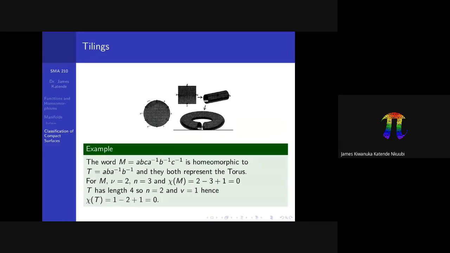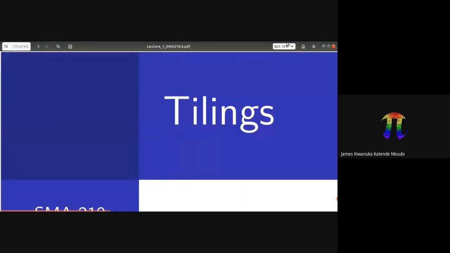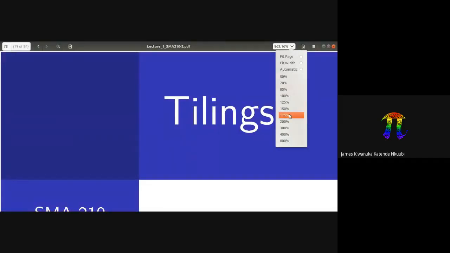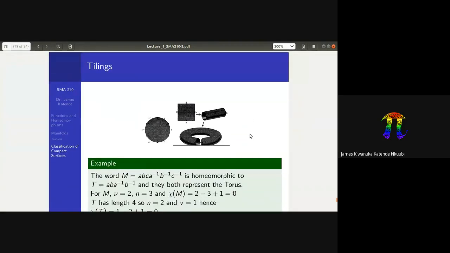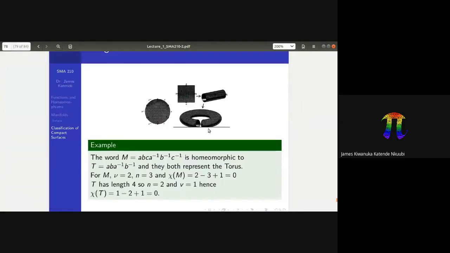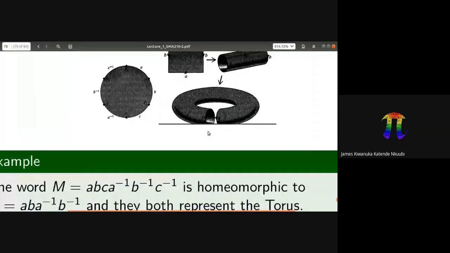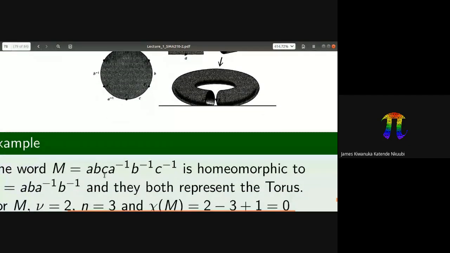So we can check. This is for the torus. In the last class, using the circulation rules for compact surfaces, we were able to show that this word is homeomorphic to the word for the torus.